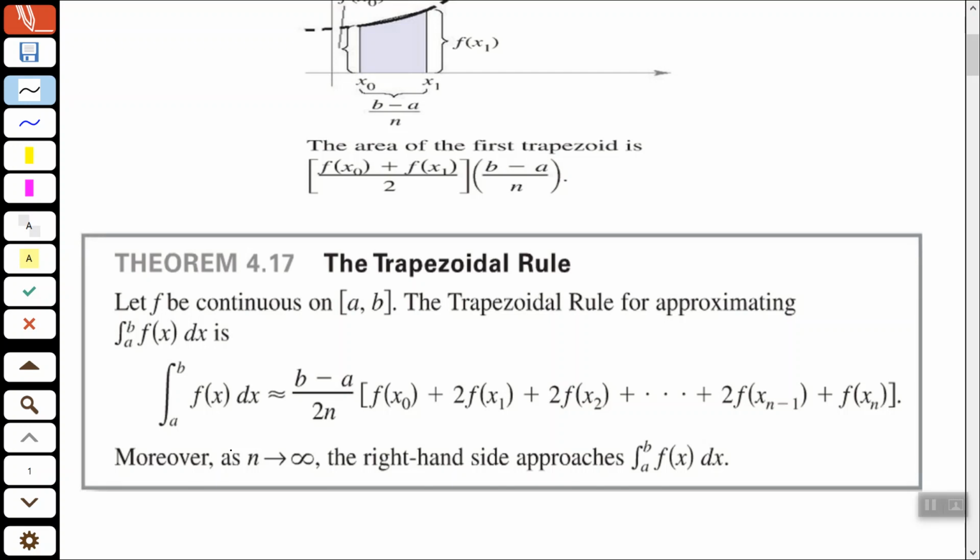It says let f be continuous on a closed interval from a to b. The trapezoidal rule for approximating the integral of f of x dx from a to b is as follows.